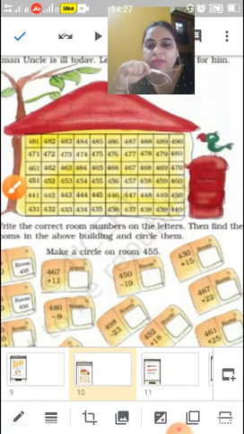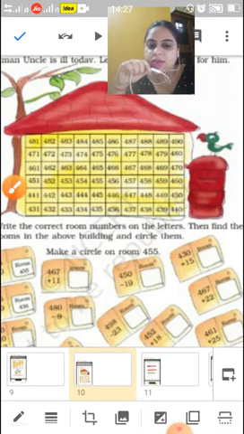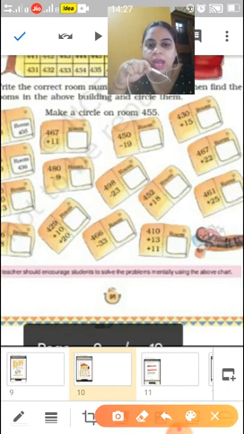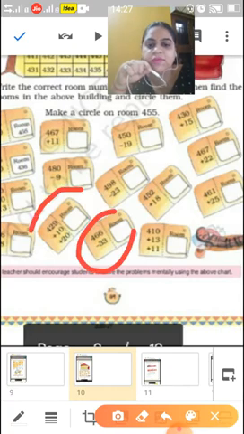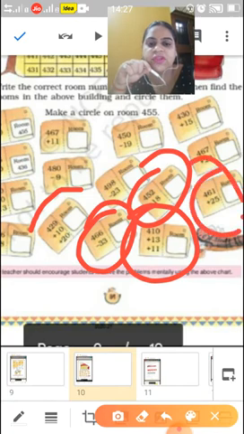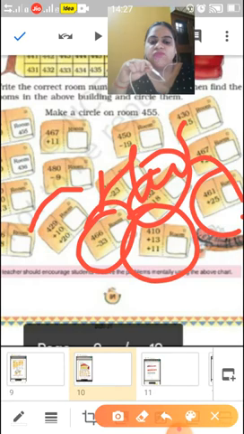Then what homework I have given you, when you get the answer, you will circle. This we have done, 1, 2, 3 and 4. These are your homework. Okay children. Now come to next page.